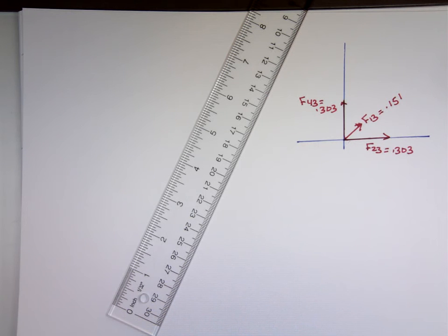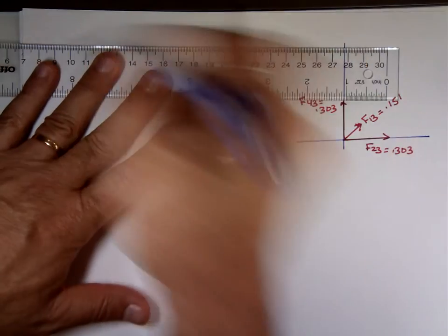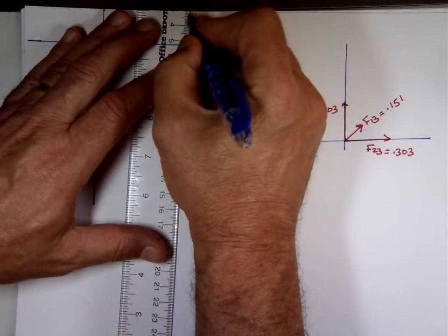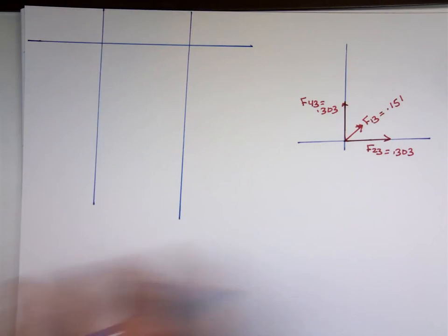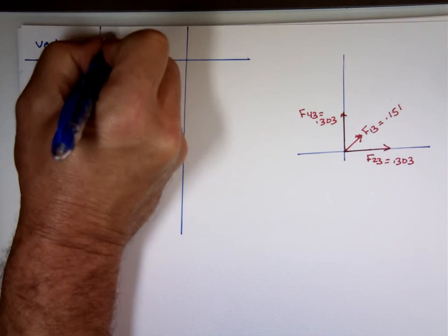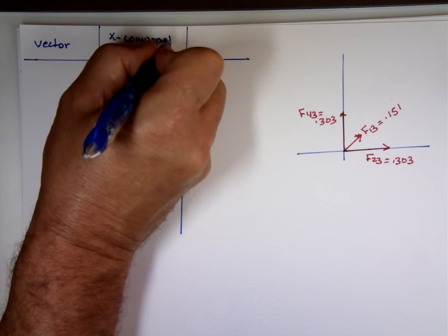Again, I got to find the x and y component for each one of them. I'm going to use the same process I used 2 minutes ago. The vectors, x component, which is r cosine theta.